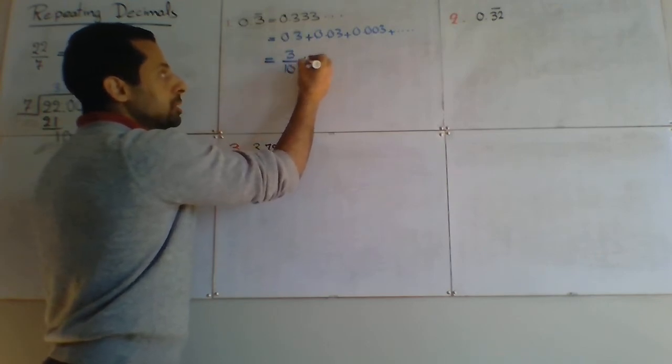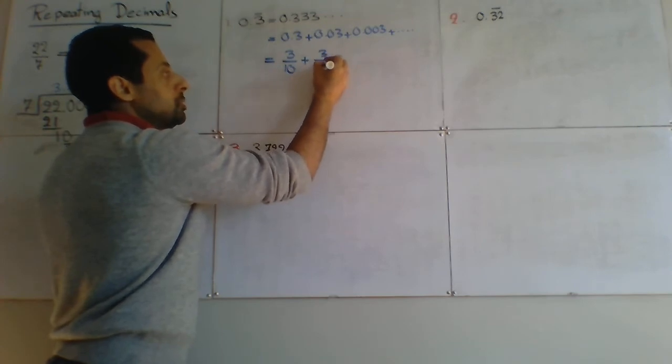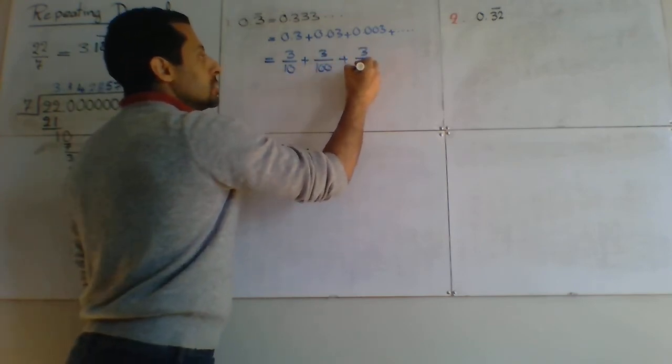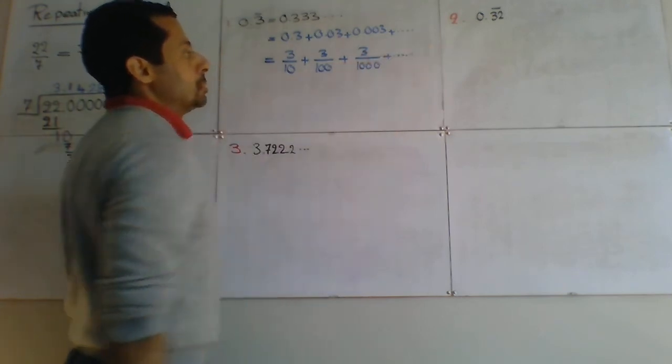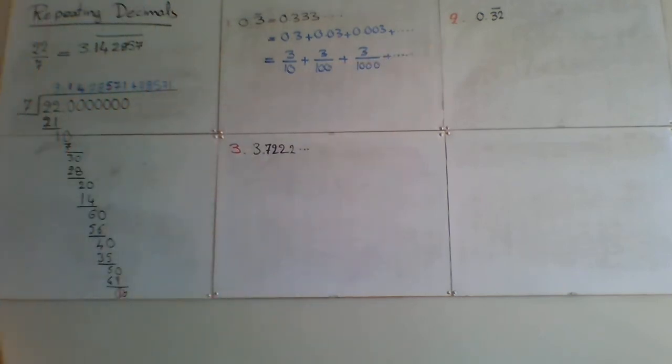So this is 3 over 10 plus 3 over 100 plus 3 over 1000 plus, going on forever.